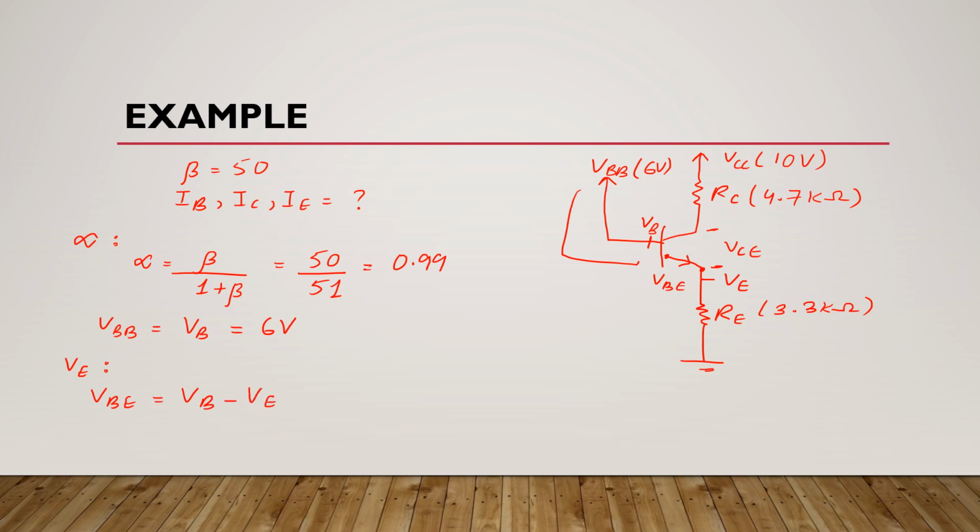In forward biased condition, this VBE is 0.7 volts, and VB is 6 volts here. If we rearrange this equation, we get 6 volts minus 0.7 volts, which is equal to 5.3 volts. So this is your VE.